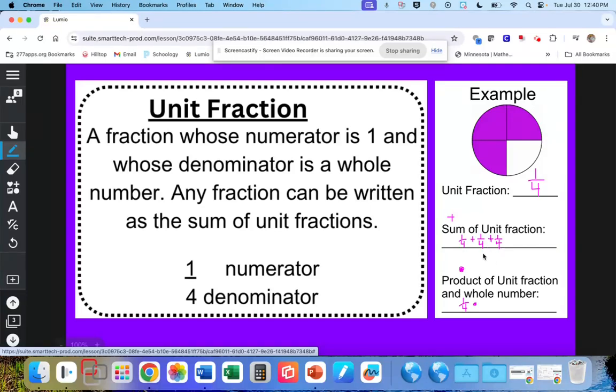So how many times did we add our unit fractions? 3 times. Or you can see we have 3 pieces of our 1/4. So if we wanted to write it as a product of a whole number, it's going to be 3 times 1/4 or 1/4 times 3. Remember, the commutative property told us that we do not need to worry about the order. Usually a good rule of thumb is to write it the way the directions were written.